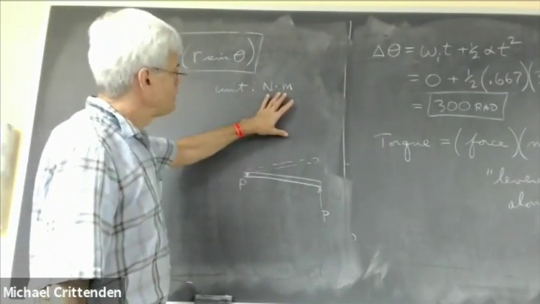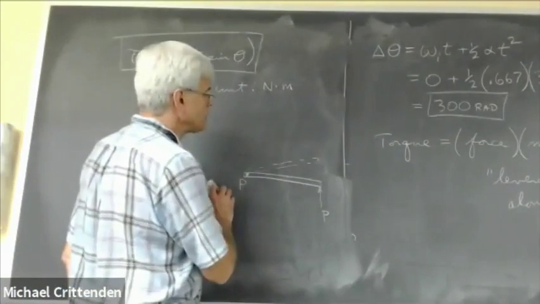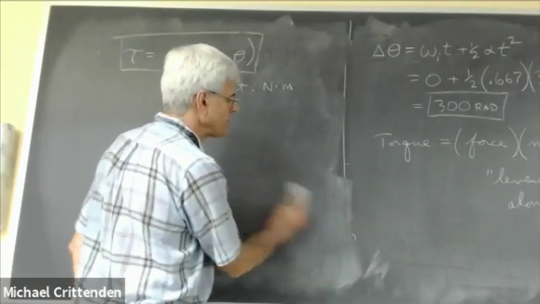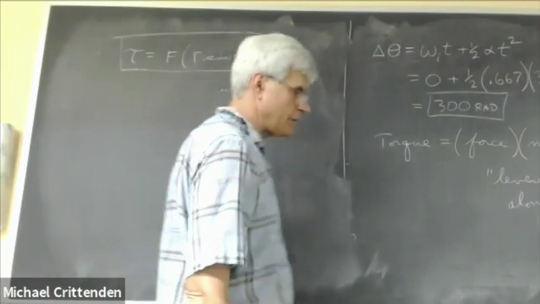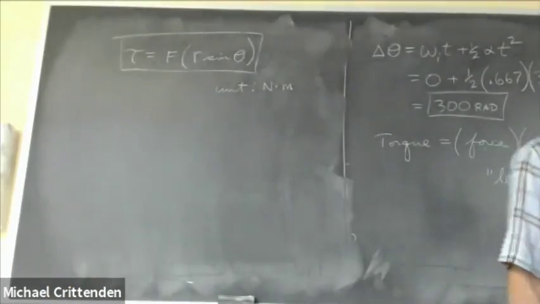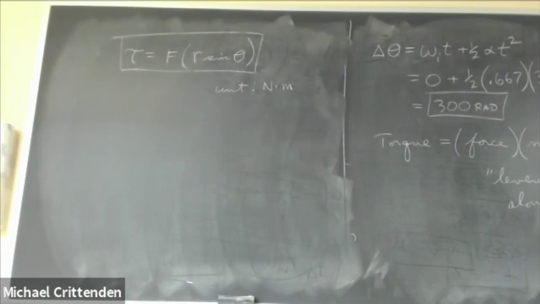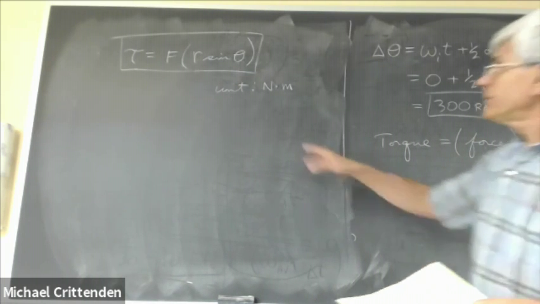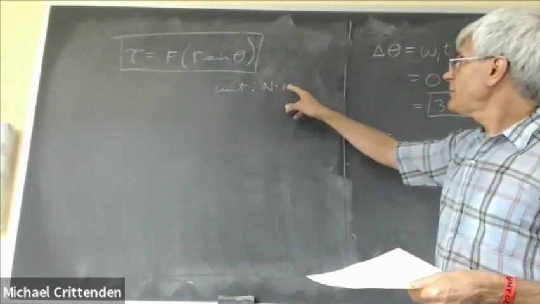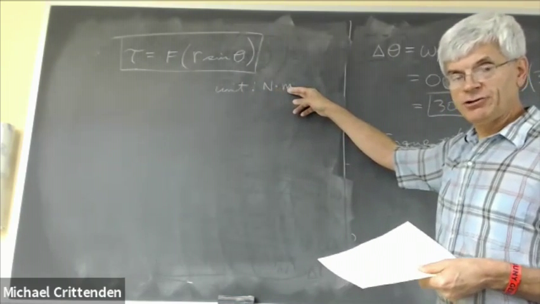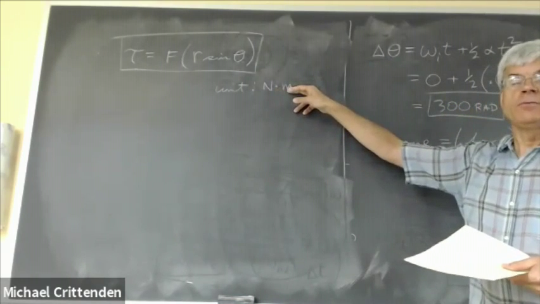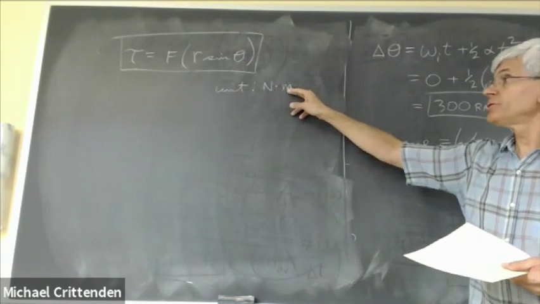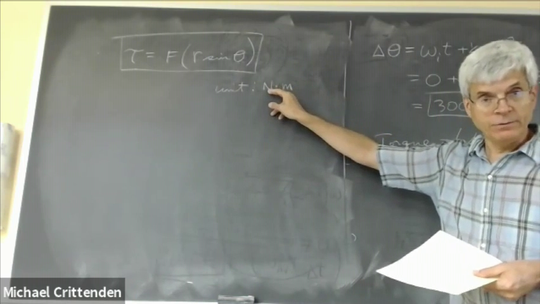So anyhow, the Newton meter is called a joule if you're using it as a unit of work or energy. The torque, you usually just call it Newton meters to make it sound a little different, because torque is something different. So it's the newtons times how many meters of leverage, assuming that the meters are measured perpendicular to the newtons.